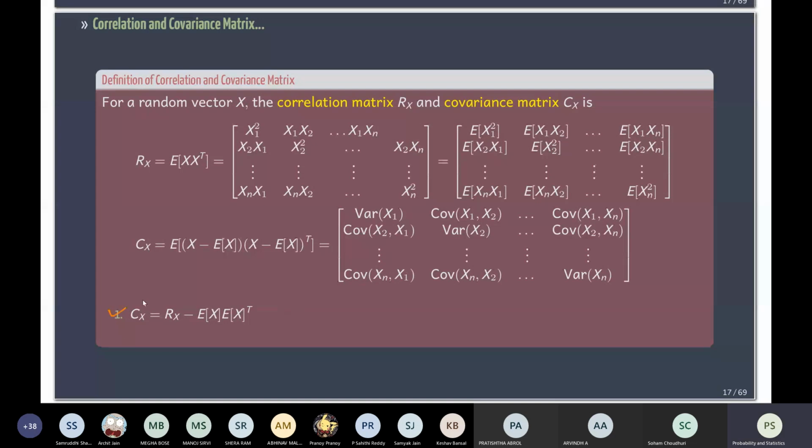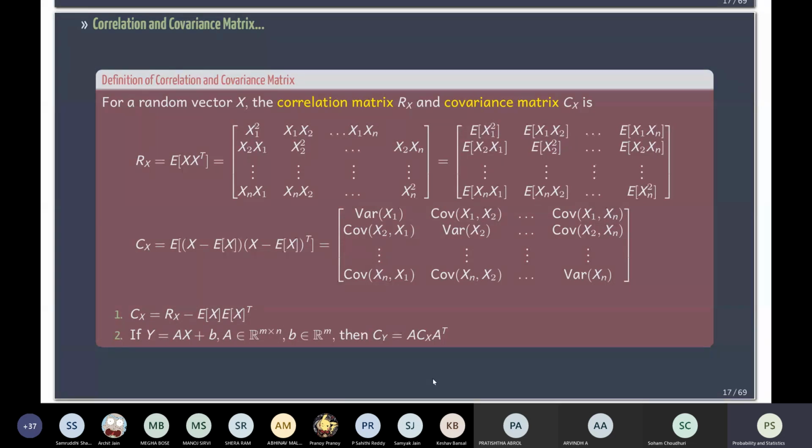And this is the relationship that holds between the correlation and covariance. This is something one can prove. And if y is equal to Ax plus b, where A is m by n and b is m dimensional, then Cy can be written as A Cx A transpose.